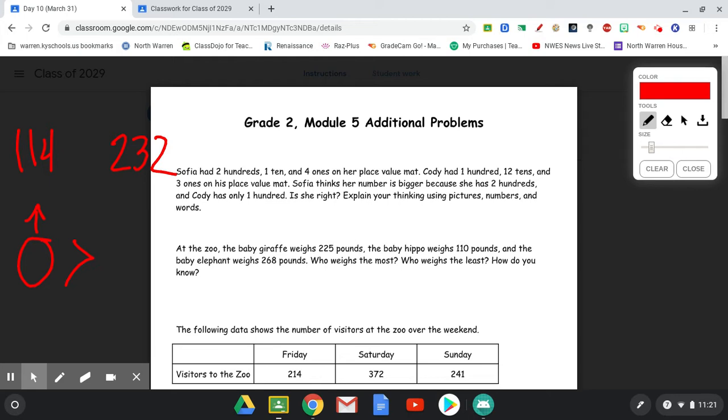And if the number on this left side is less than, then you know that your symbol is going to look like this, because the greater than would be over here. Let me go over that one more time.